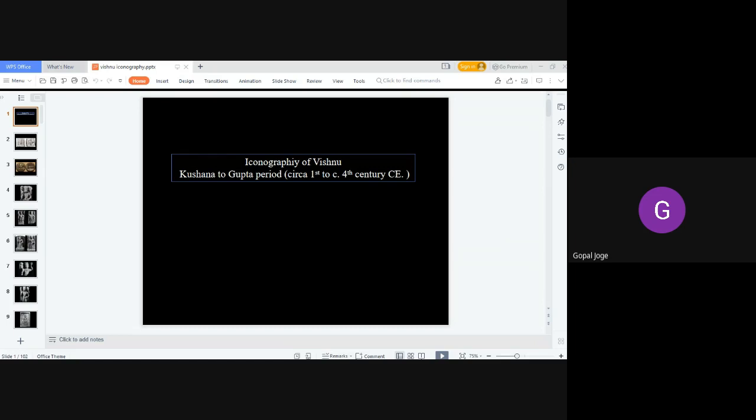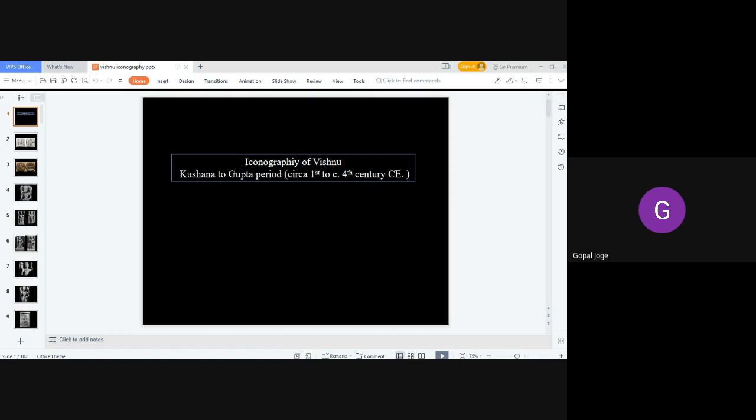So iconography is the one part through which so many aspects can be covered. The hierarchy, hegemony, subjugation, these factors also can be noticed through the iconographic depiction of Vishnu. And especially in this third phase, it is more complex when we come across the specific Vaishnavite temple and the Vishnu iconography. Okay?